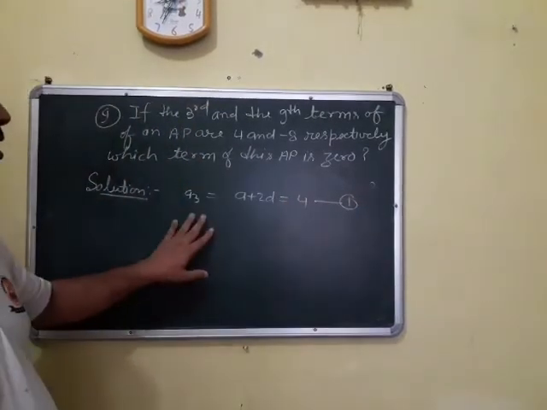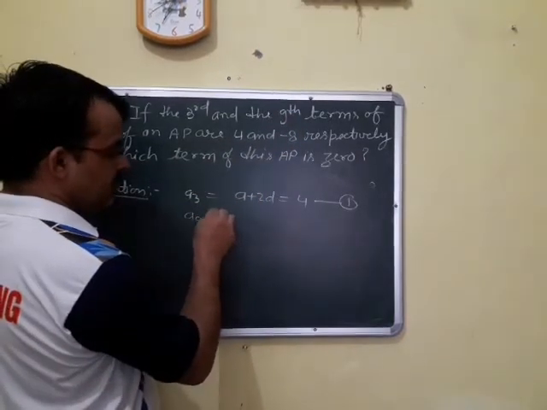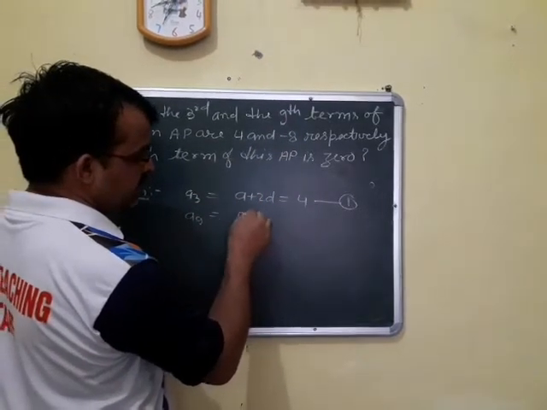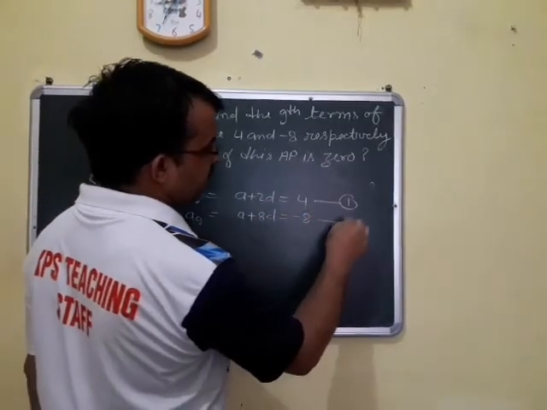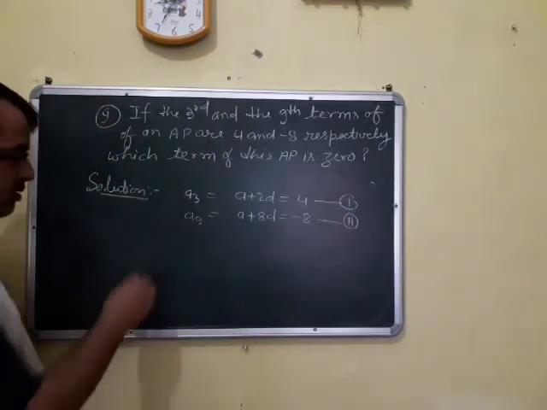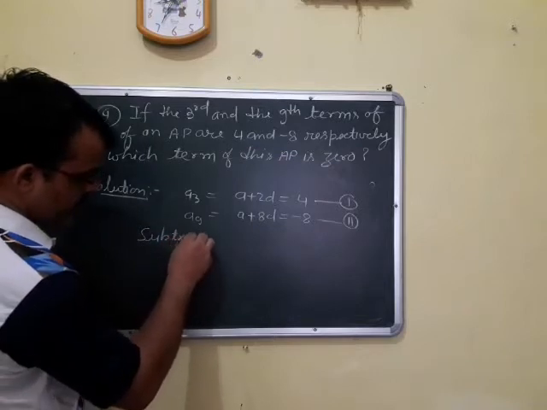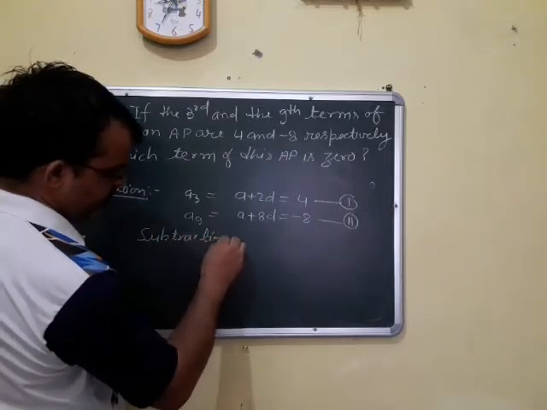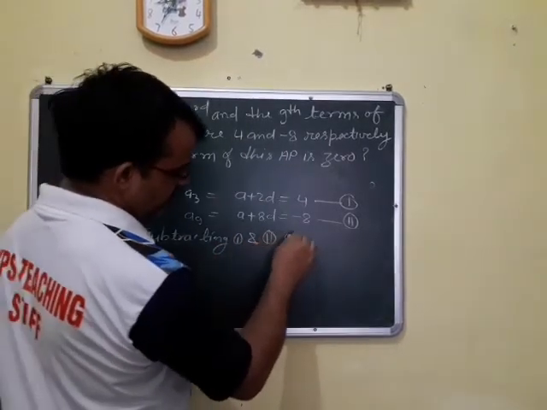And here is the ninth term. The ninth term is A plus 8D is equal to -8. This one is equation second. Subtracting equation first and second, we get.